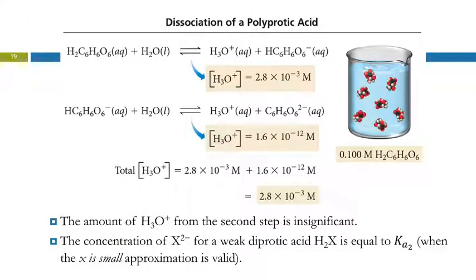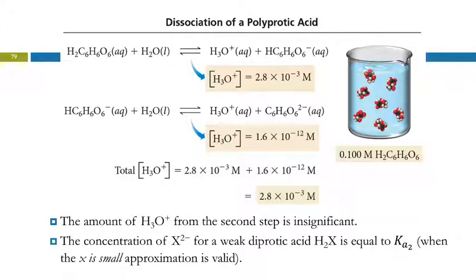So here we're looking at, I think this is citric acid. Don't quote me on that. Here we have a diprotic acid. It dissociates, we get hydronium ion being formed. When the second one dissociates, we also get hydronium ion being formed. This one is so small relative to that one that when we add them together, it's the same.